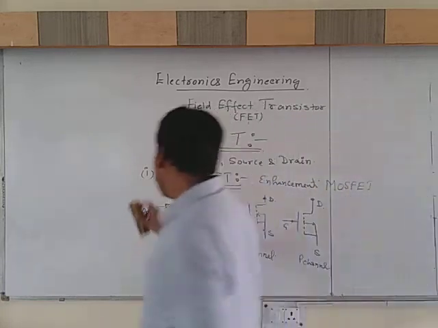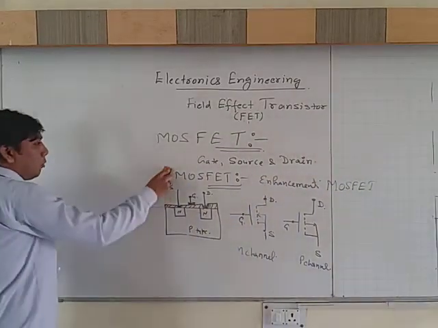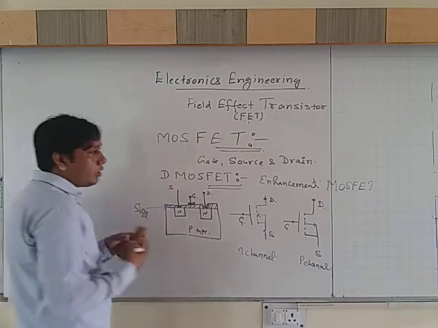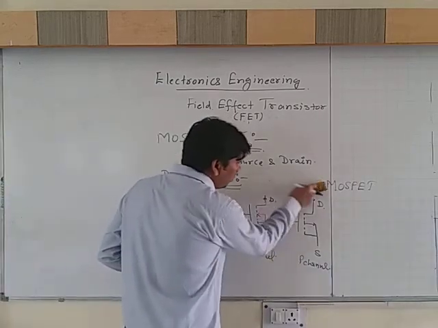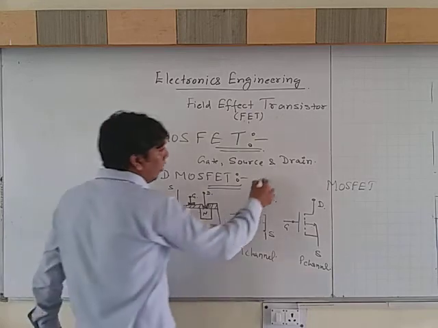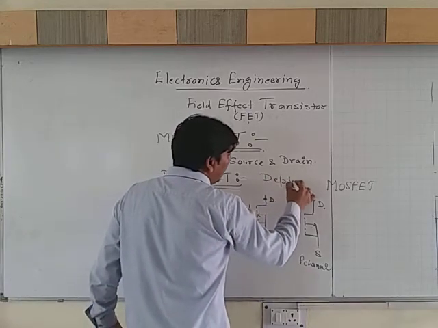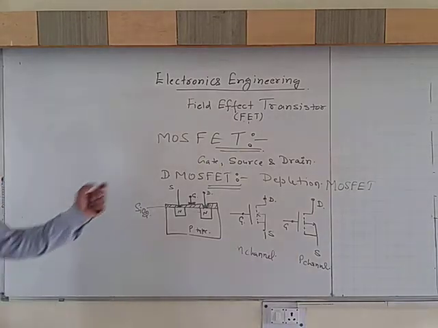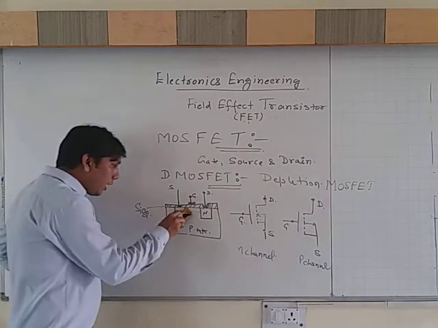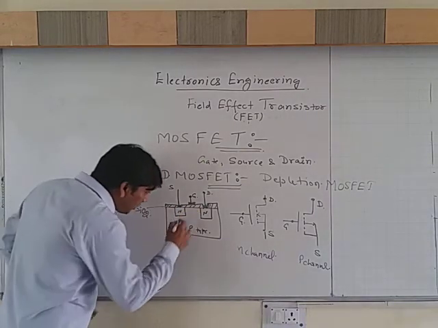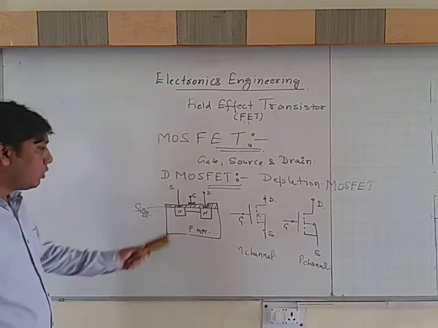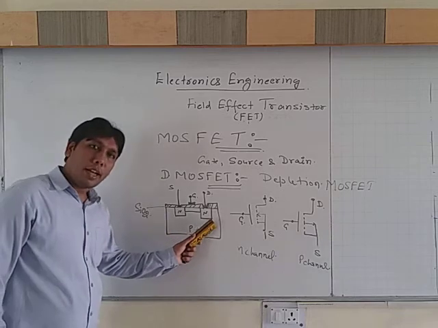That is the second one, D MOSFET. D MOSFETs are those MOSFETs which are called depletion type MOSFET. It is that type of MOSFET in which there is a channel available in between source and drain.